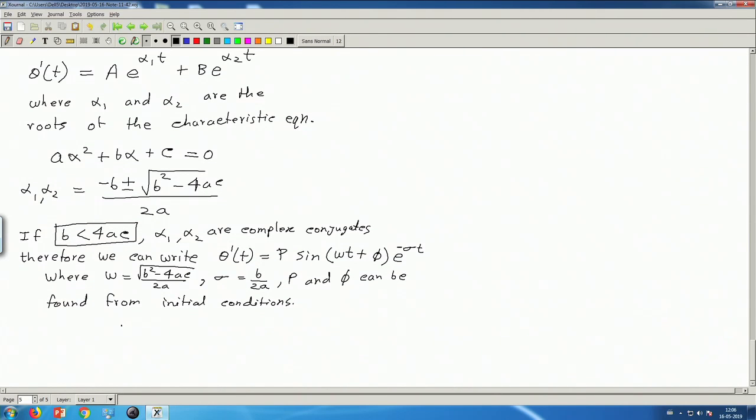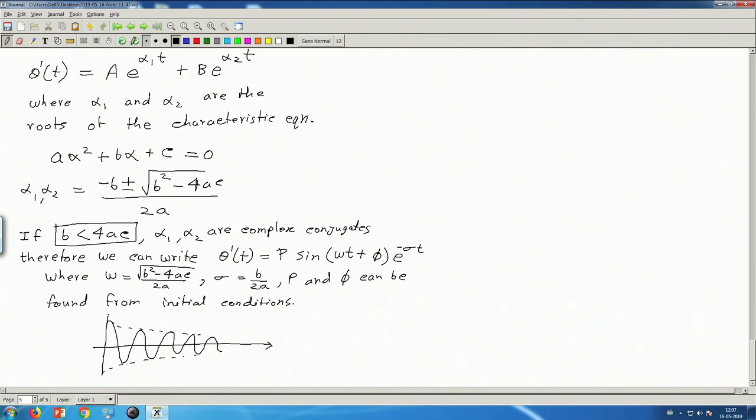So theta prime will look like maybe like this, and the initial value will depend on this phi, which will depend on the initial value of theta prime.